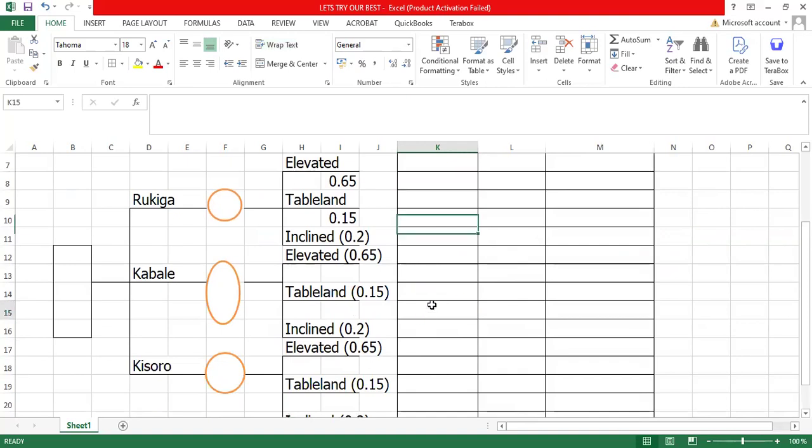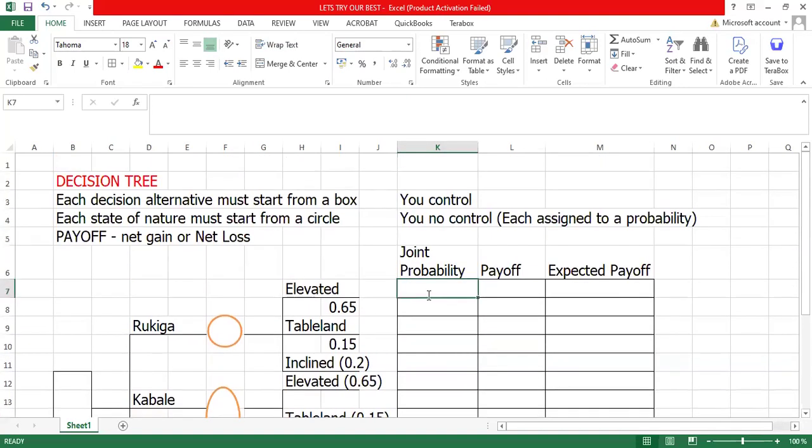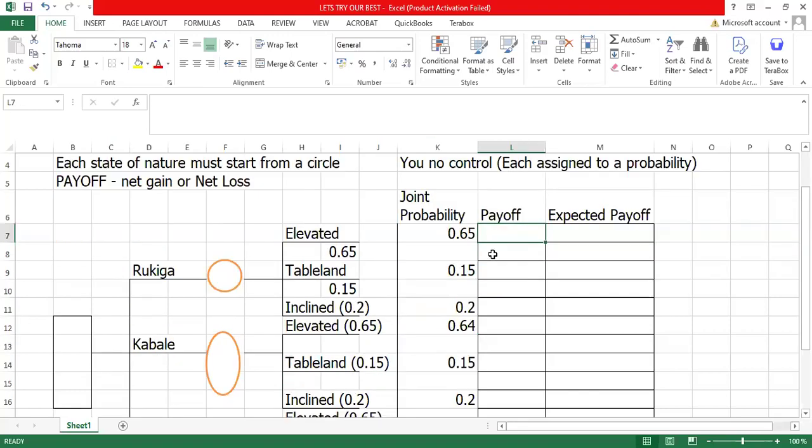So from here, our probabilities: this is 0.65. This is joint probability. On each branch, we just have one probability. What is the payoff for elevated? That is 40,000.